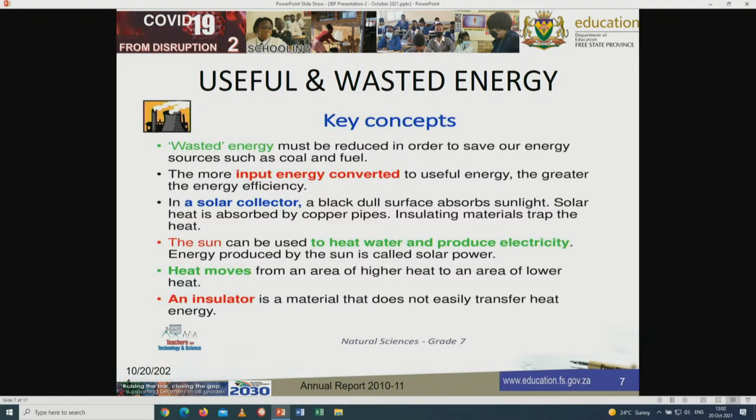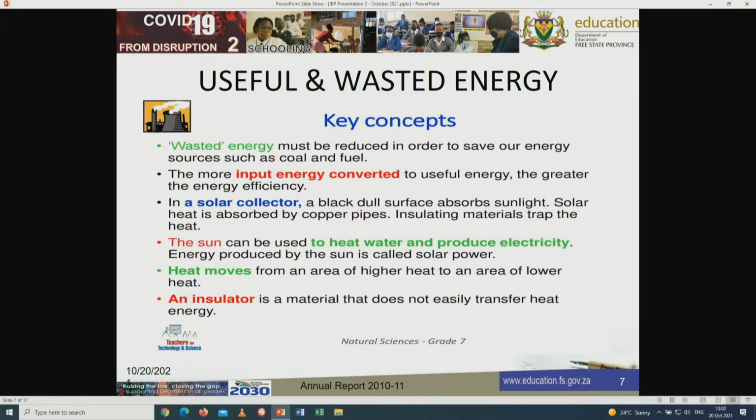The sun can be used to heat water and produce electricity. That's true. Energy from the sun can be trapped on the solar panels and converted into electricity, and we can use that electricity.